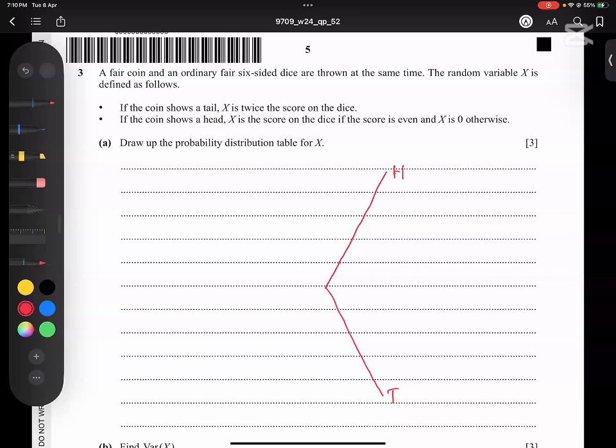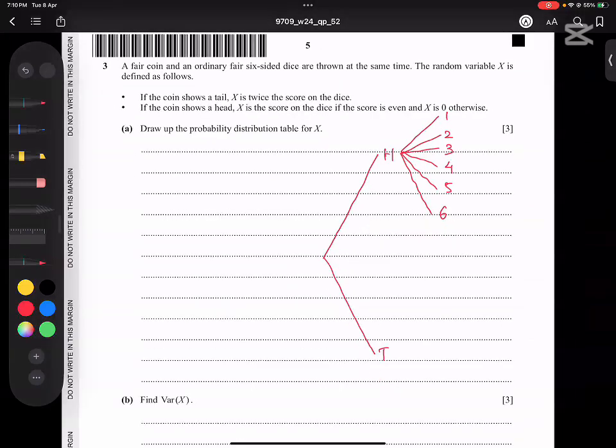So we have 6 results here: 1, 2, 3, 4, 5, 6. Which numbers do we talk about on the dice? 1 comes, 2 comes, 3 comes, 4, 5, or 6. Same way, I will copy and paste it below.